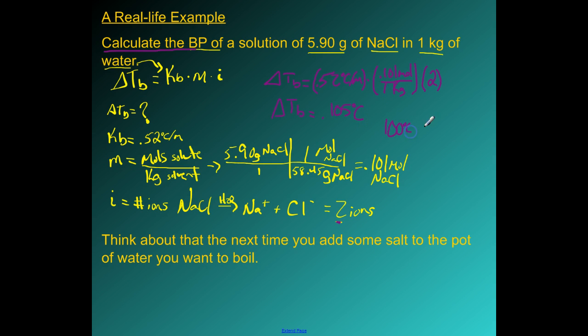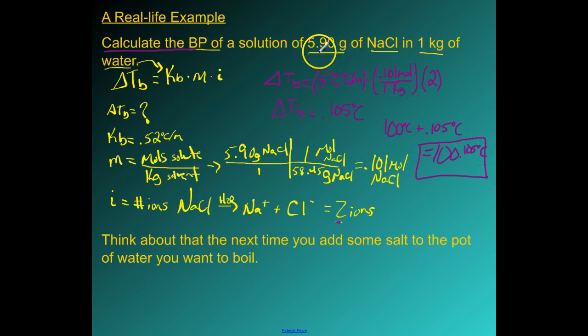And if the boiling point is going to change by 0.105 degrees Celsius, my final boiling point is actually 100.105 degrees Celsius as my final answer. And it only goes up a very minute amount.